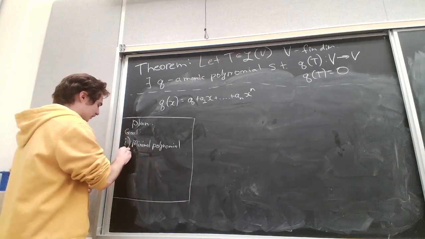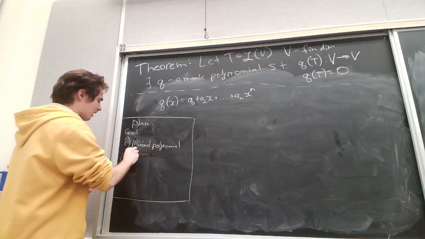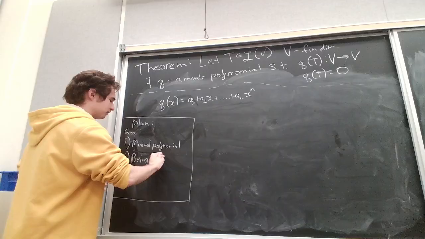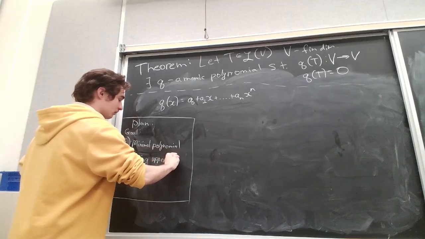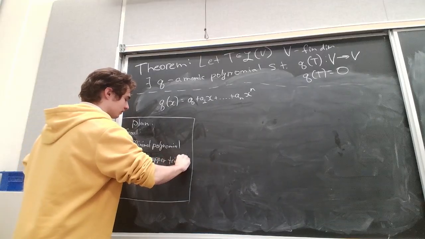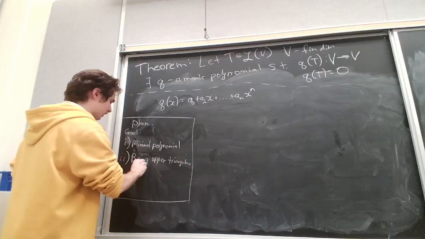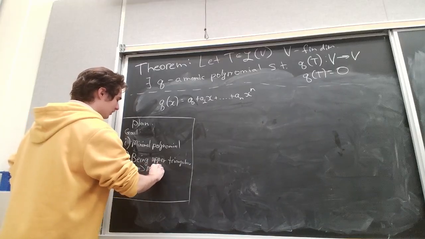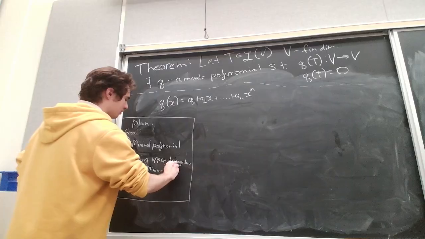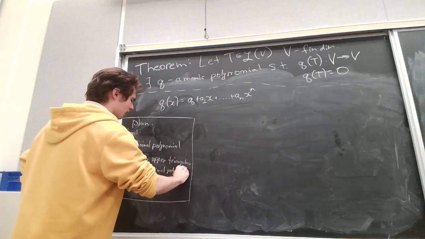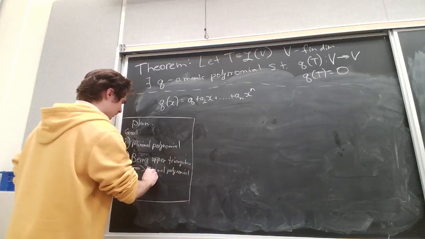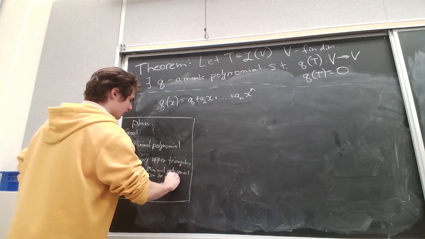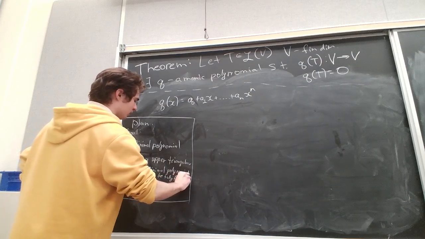And this is the second thing we'll prove: that being upper triangular is completely equivalent to the fact that the minimal polynomial can be fully factorized as a product of linear terms.